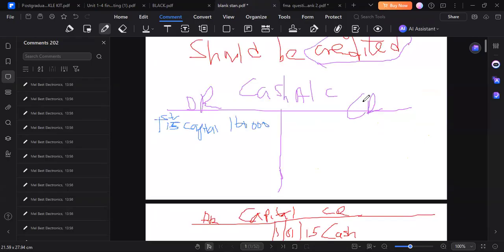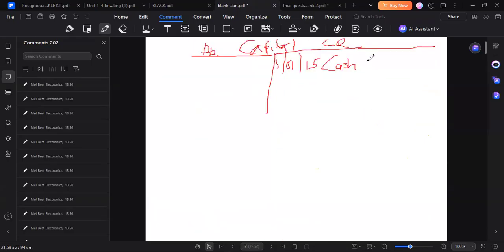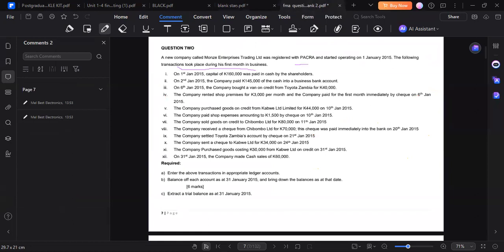The amount is 160,000. This is the basis of the double entry system that we are looking at. So that answers the first part of this problem.